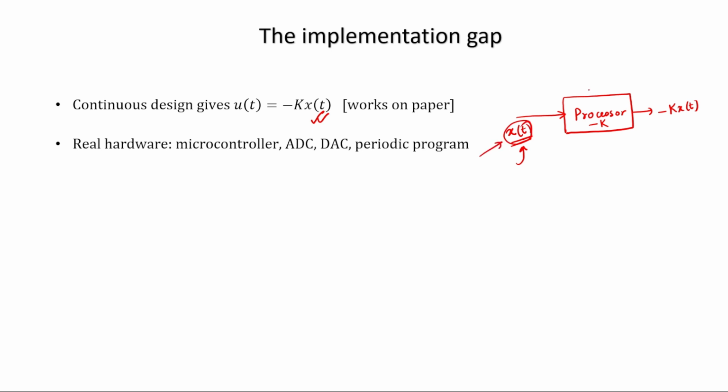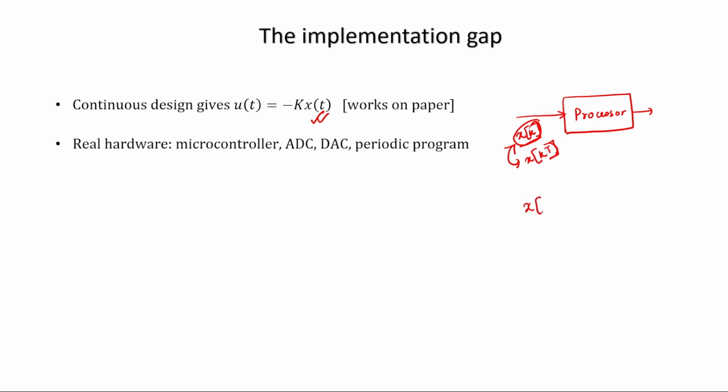The processor is a digital device, so there will be sampling of this signal, and the processor will only get a sample of the signal, and the next sample will come at the next time instant of the sampling period. So between two samples the states will remain the same.